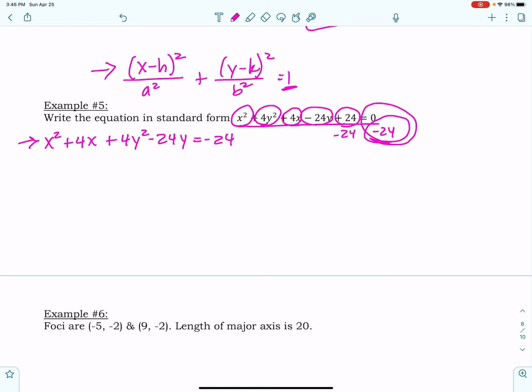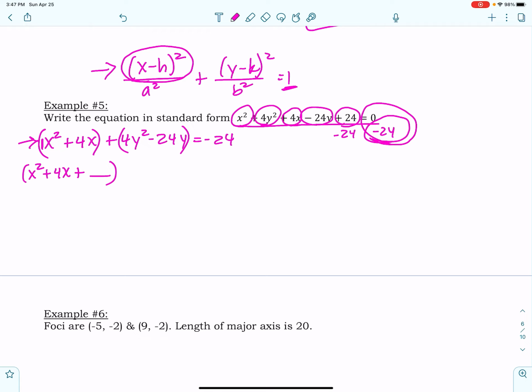So the very first thing we're going to do, I've got these grouped together and these grouped together. The x squared coefficient just has a 1 understood here. So I've got x squared plus 4x, and I'm going to write plus a blank, because I need to create a trinomial that factors into two identical binomials so that I can write it as x minus something squared.